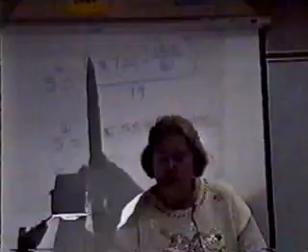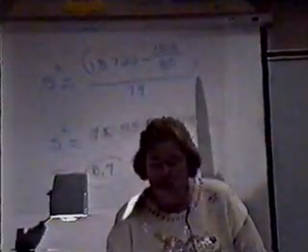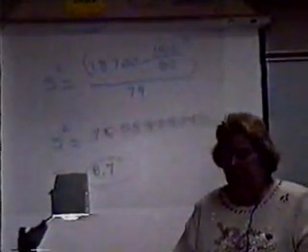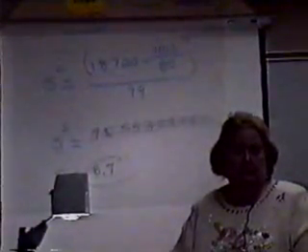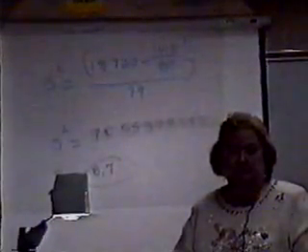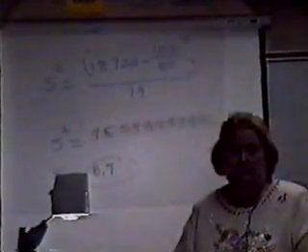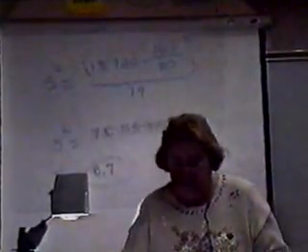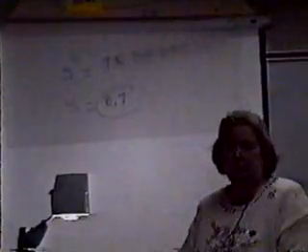Formula, you're punching in those parentheses, 18720 minus 110 squared divided by 80, close parentheses, divide by 79, then hit an equal. So the standard deviation is 8.7.